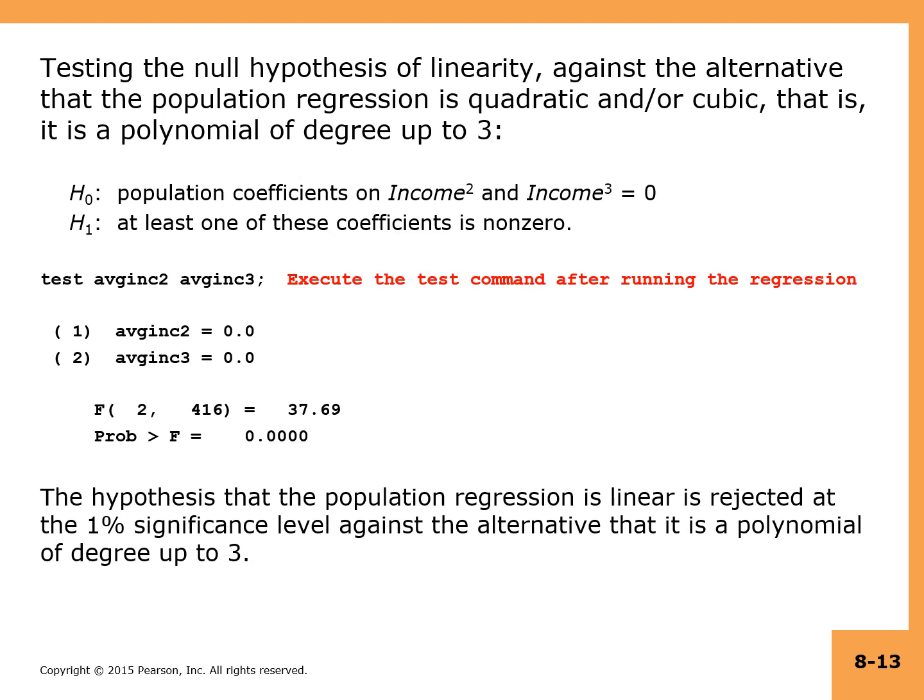We have covered this in lecture 6, week 6-2 in joint hypothesis of multiple coefficients. As you can see in the Stata output, it gives you the f statistic as well as the p-value. And the p-value in this case is way less than 0.05. So we can say that we reject the null at 5% or 1% and conclude that the nonlinear model, or the model that has both or either income square and income to the third, is appropriate.